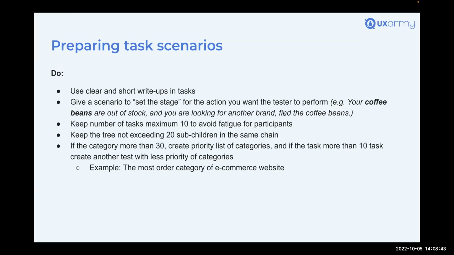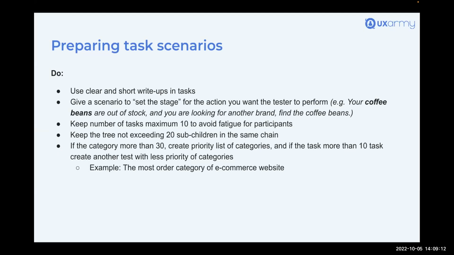So here there is an exact task about what needs to be found by the participant. Keep the number of tasks to a maximum of 10 to avoid fatigue for the participant. Also keep the tree not exceeding 20 sub-children in the same chain. So when you have one category, avoid having more than 20 sub-children in the chain.